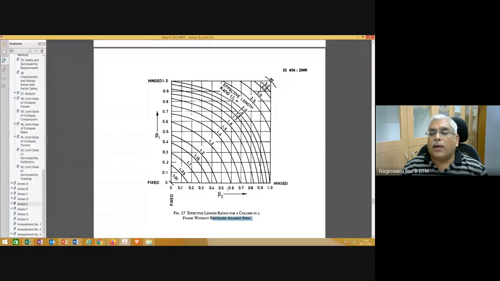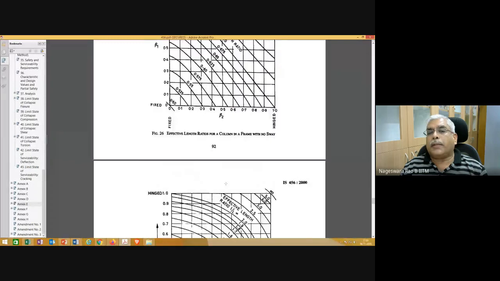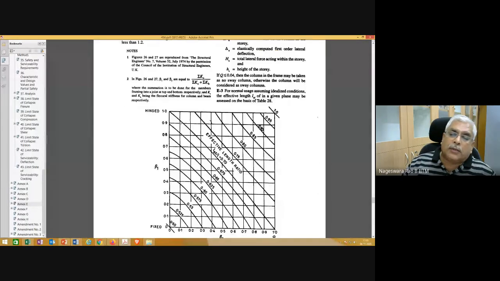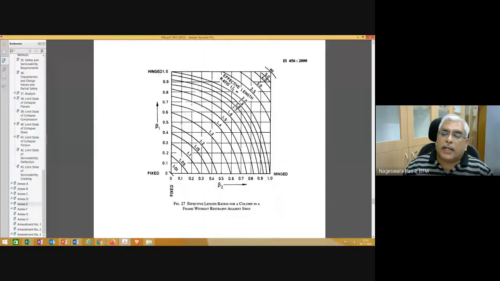Anyway, beta 1, beta 2. We need to understand what this beta 1 and beta 2 are. And also, in the latter case, it is recommended that the effective length ratio may not be taken to be less than 1, that is, for columns classified as sway columns, without any restraint against sway.